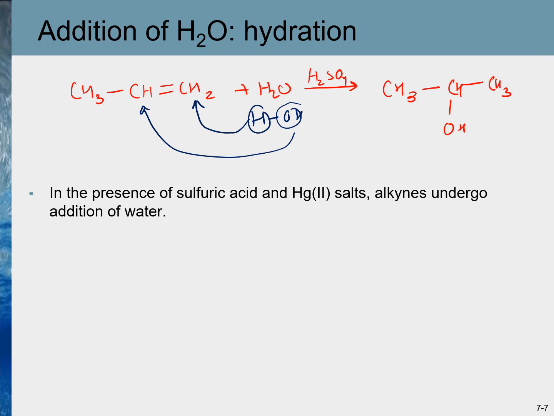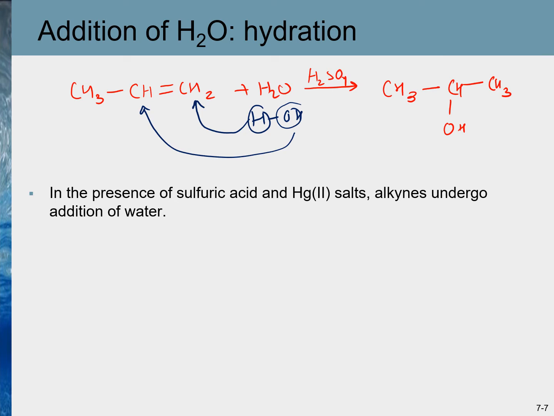So the most common mercury salts used for this purpose are mercury 2 oxide and mercury 2 sulfate. And in case of alkynes also, this addition is a regioselective reaction, and the product will be obtained by Markovnikov's addition of water across the carbon-carbon triple bond.